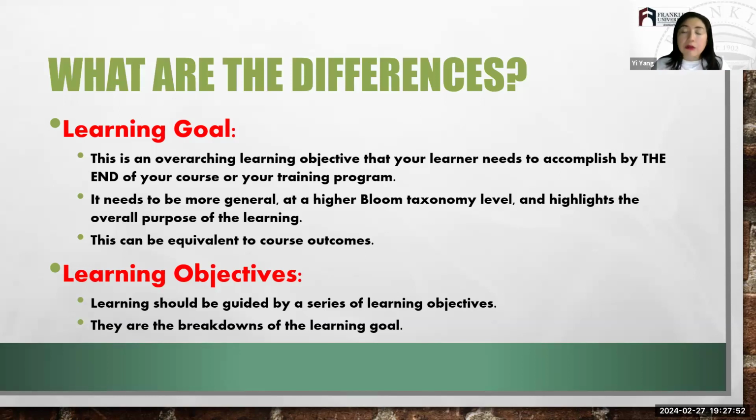Number three is to get some advice for being a better communicator, for example, think before you speak and so forth. So learning objectives are a series of learning outcomes or objectives working towards that learning goal. And therefore, they're the breakdowns of the learning goal. That makes sense, okay?